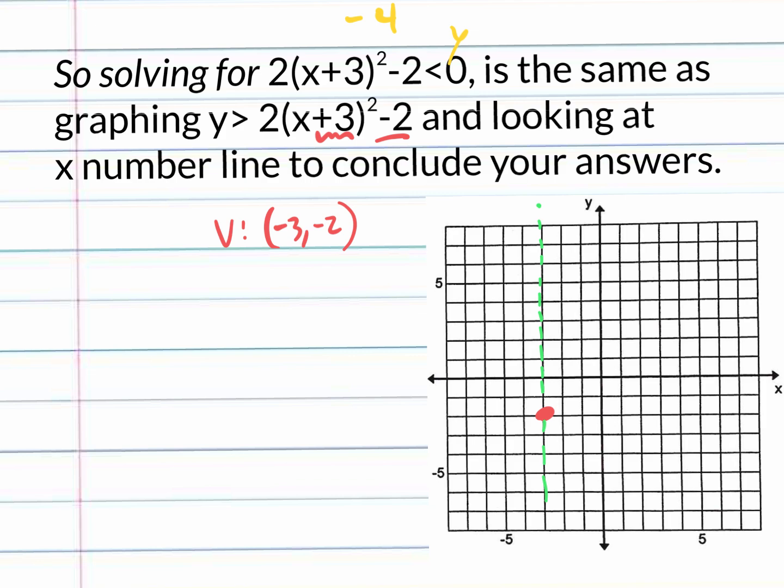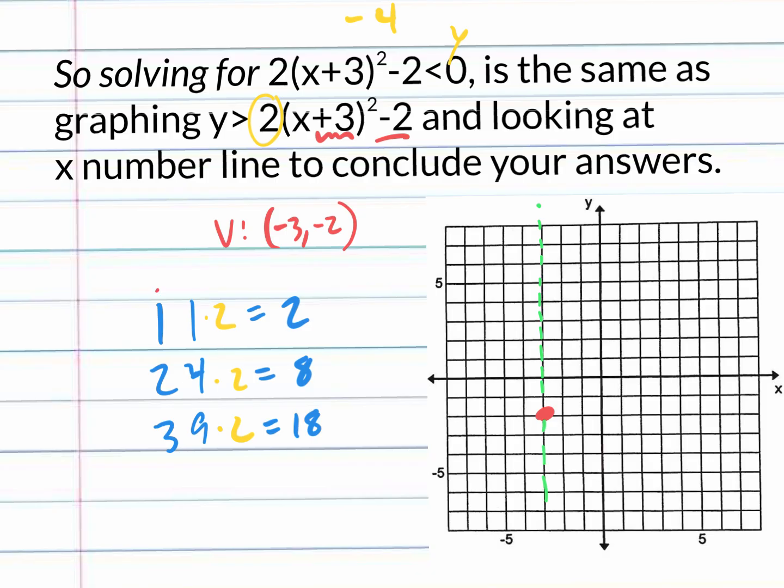And is this opening up or down? It's opening up because the a value is +2, but we can't use the pattern of 1 over 1 up, 2 over 4 up, 3 over 9 up, because we need to modify it according to this new a value of 2. So times 2, times 2, times 2. So your new pattern is 1 over 2 up, 2 over 8 up, and 3 over 18 up, which you're not even going to be able to use.